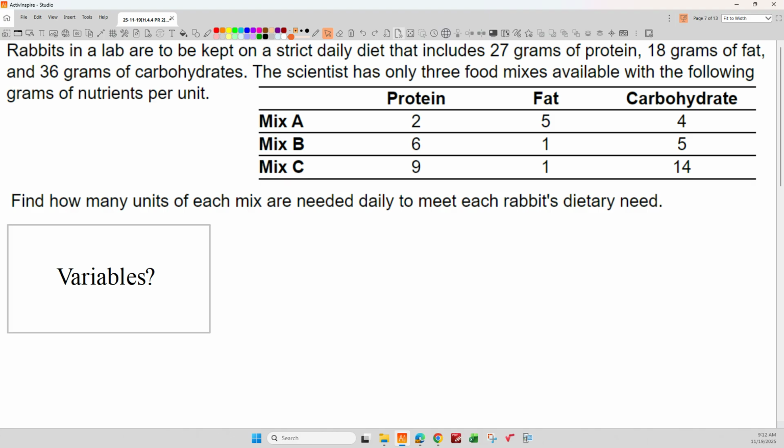Probably want to bust out those notebooks so you can maybe write down the variables here. How many variables did you get? 3. Okay, what are they? What are the variables though? Like what's X?